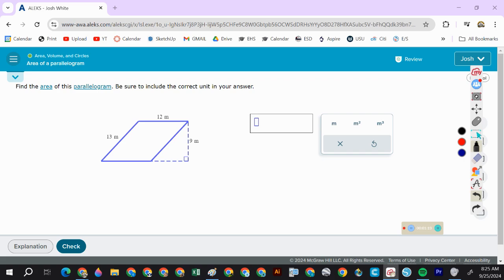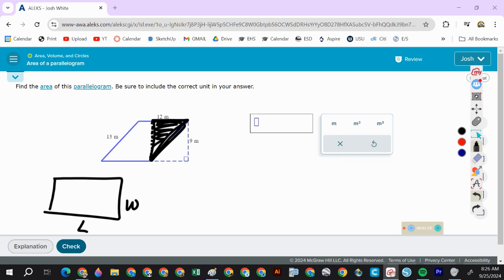All right, area of a parallelogram. So we know that the area of a rectangle is simply length times width. And in a parallelogram, if I were to cut this piece off and slide it over, it's going to perfectly fit.